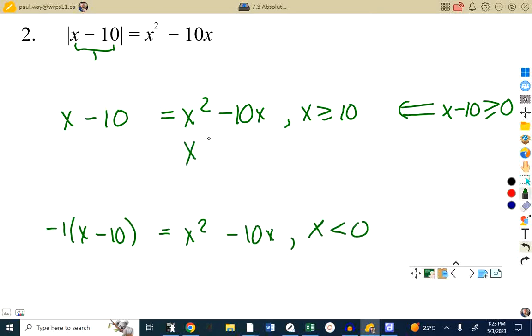What do we get here? x squared minus 11x plus 10 equals 0. Just take a minute and roll that around in your noggin to make sure you know how I'm getting x squared minus 11x plus 10.